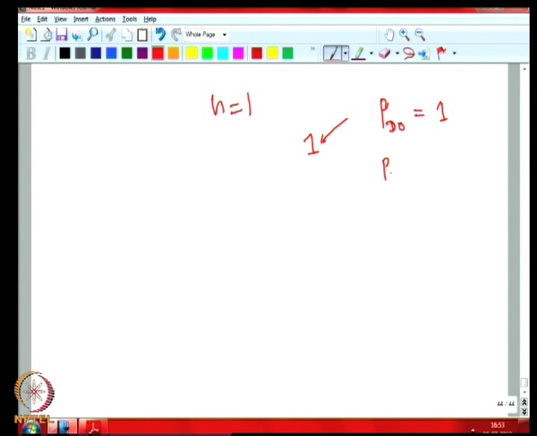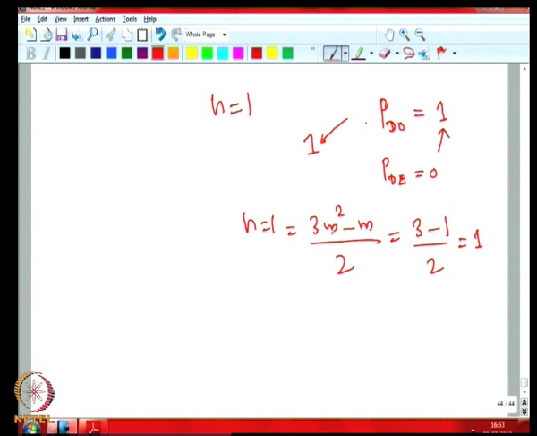What about P, D and E? That is equal to 0. This is 1 more than 0. Now, I will say that this n equal to 1 is of the type 3m square minus m by 2. Why? If you put m equal to 1, we will get 3 minus 1 by 2, which is equal to 1. That's why it is happening.